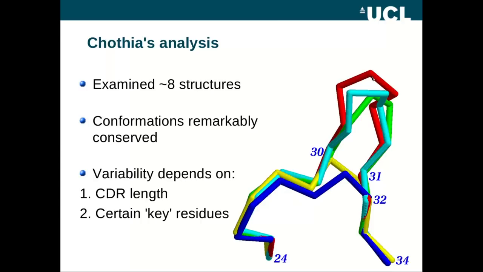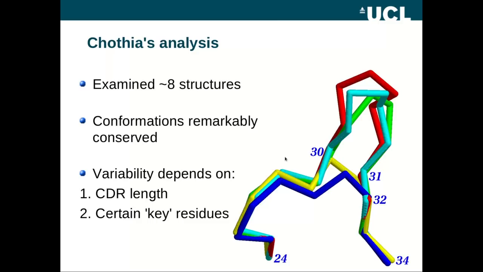So you can see that despite this variability in length and sequence, the structures are remarkably conserved, and all this variation in length is accommodated by what you might call a rabbit ear, sticking up between this region of the structure.